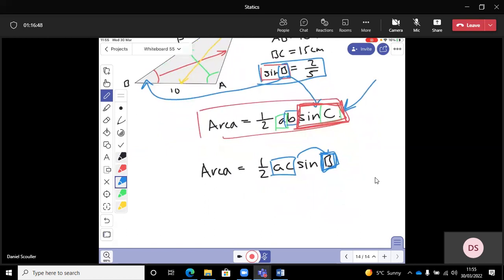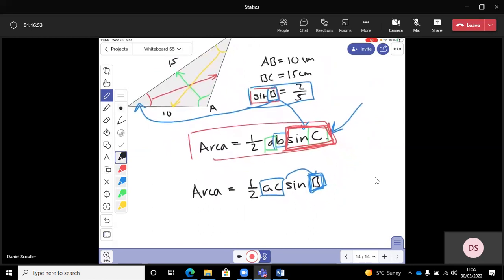What else has to occur is that sine B is equal to 2.5. Sorry, that's a complete lie. It is equal to 2 over 5. So where that says sine of the angle, you just have to substitute in 2 over 5. You don't substitute in sine 2 over 5. That whole term is removed and 2 over 5 gets put in place of it.